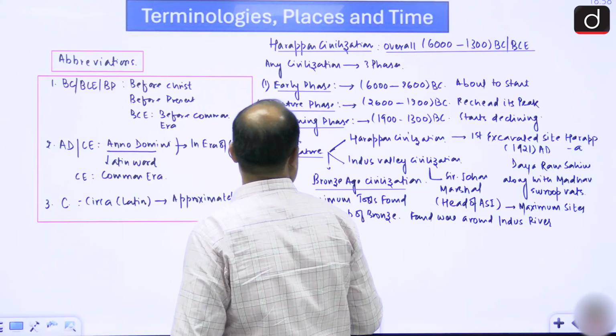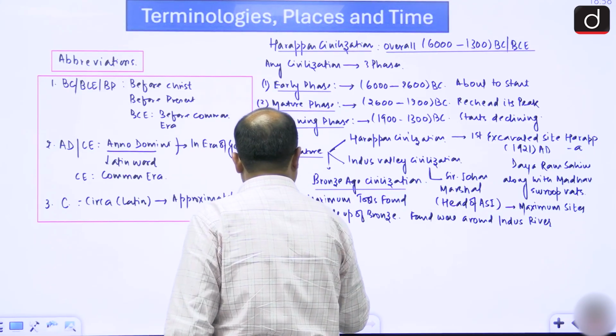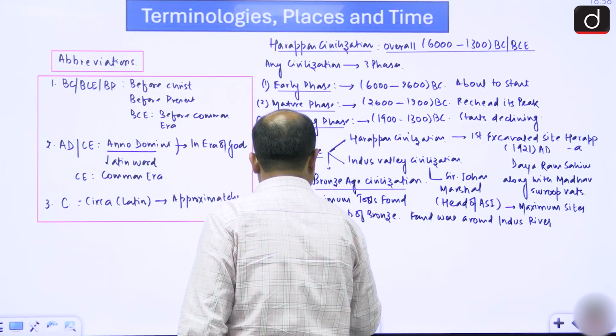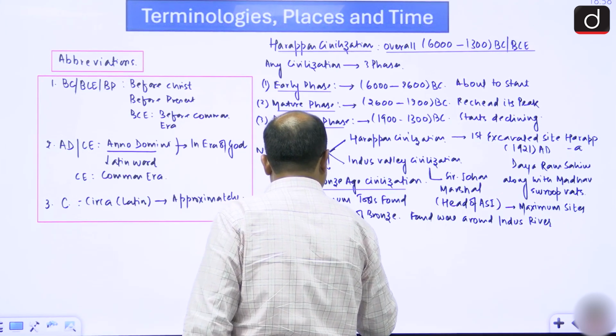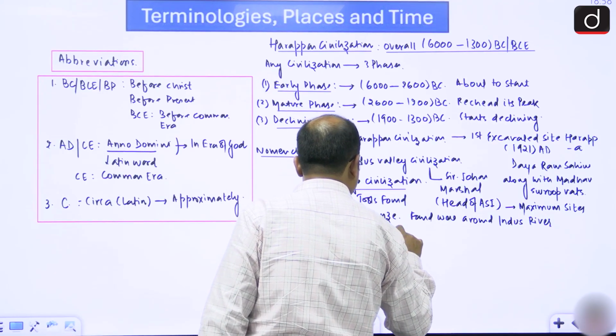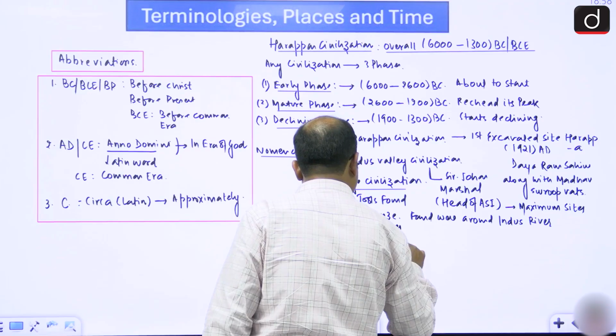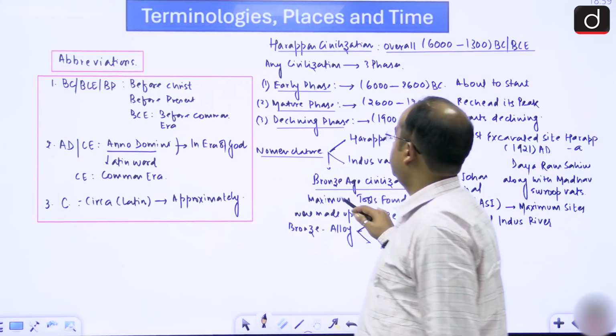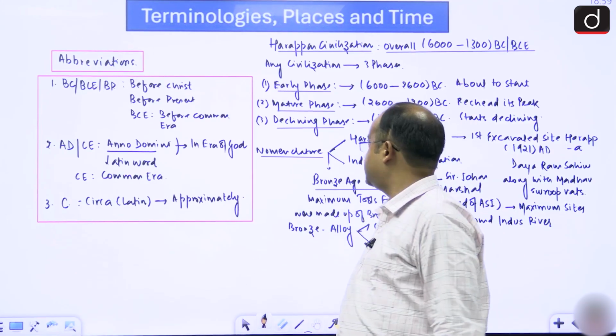Therefore, it is called Bronze Age Civilization, and you all know that bronze is an alloy of copper and tin. Therefore, it is also known as Bronze Age Civilization.